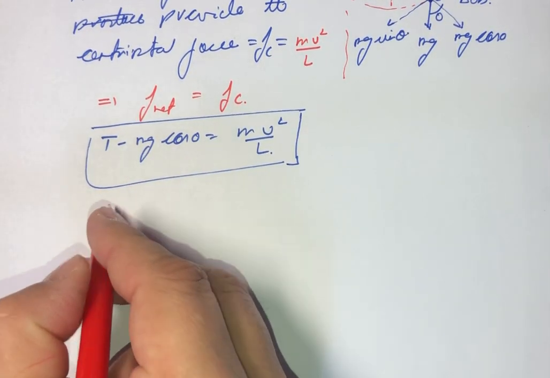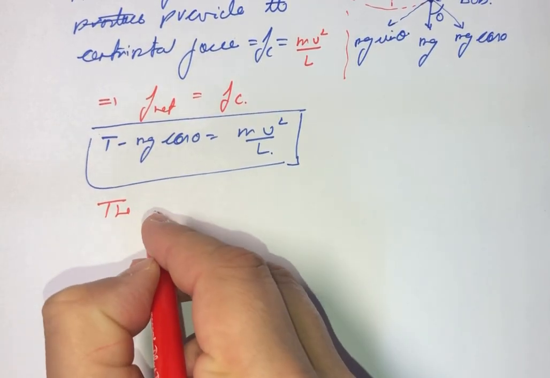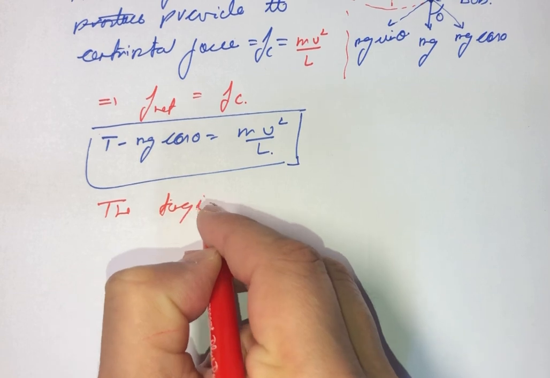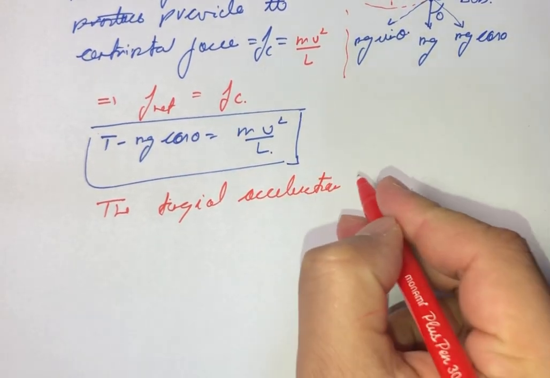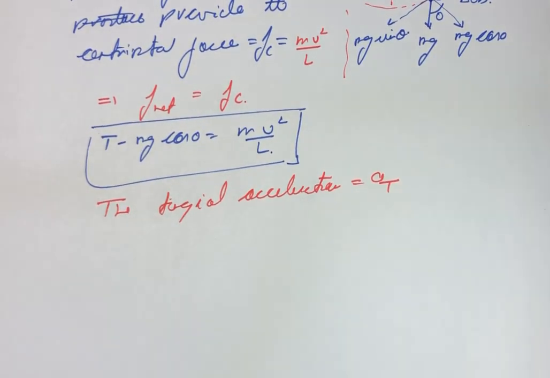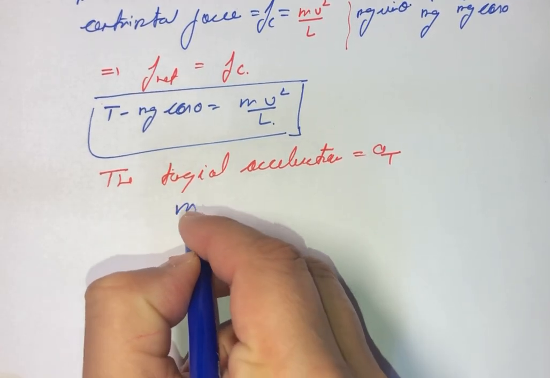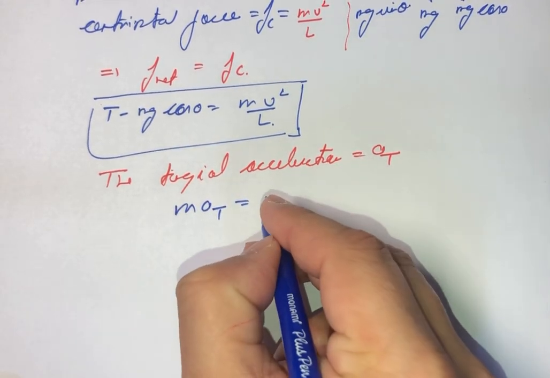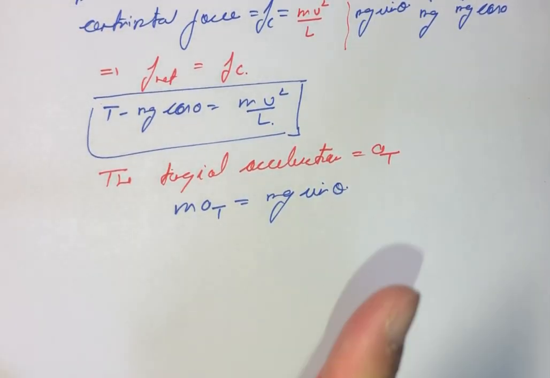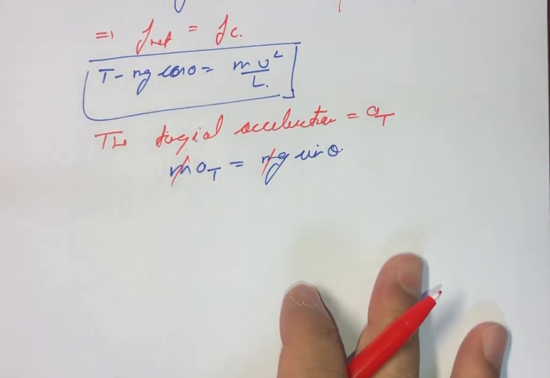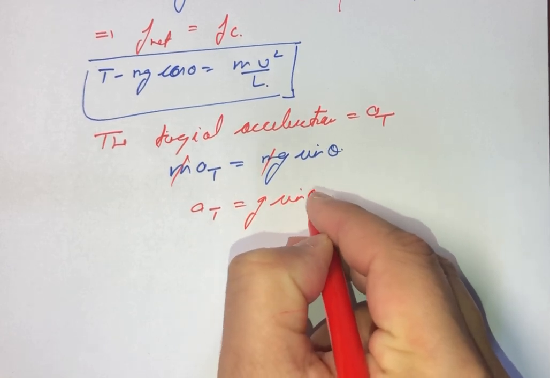Therefore the tangential acceleration, if it is given as a_t, then we can say that our m a_t will be equal to mg sin of theta. m and m cancel out, so we get tangential acceleration is equal to g sin of theta.